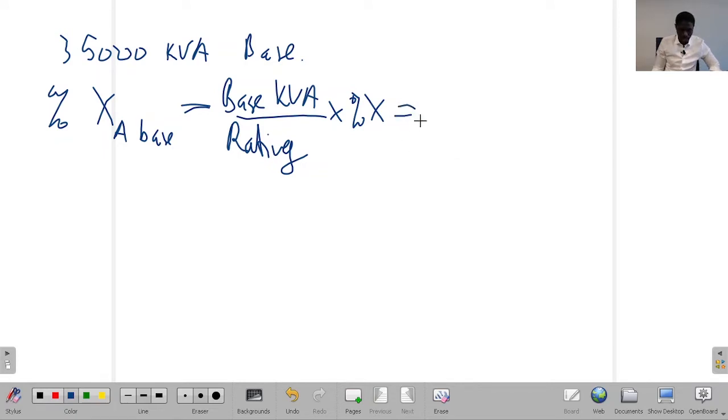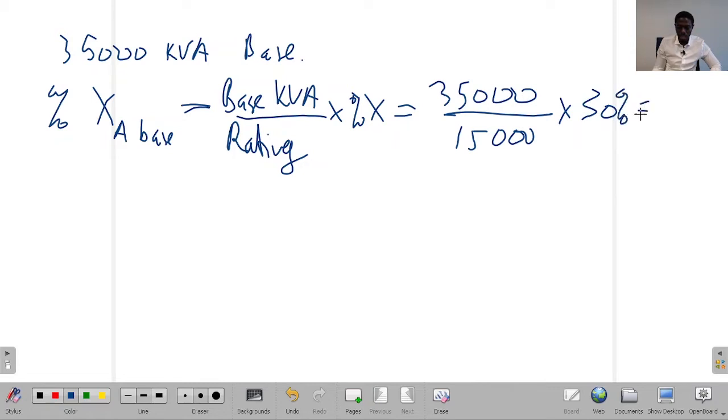In this case, the base kVA is 35,000, and we divide that by the rating of alternator A, which is 15,000, and we multiply this by 30%, which gives us 70%.